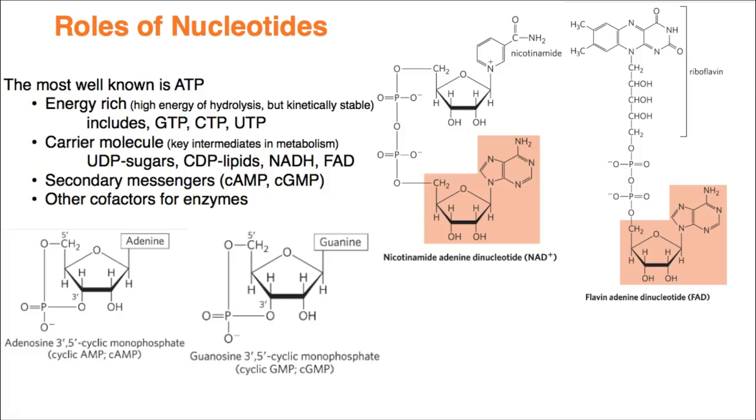As far as UTP sugars, I think that is more in Biochemistry Part 2 from my memory, but we'll see as the semester progresses. And then you have secondary messengers, and finally other cofactors for enzymatic activity. And here are some of the structures of other nucleotides that we may be studying.